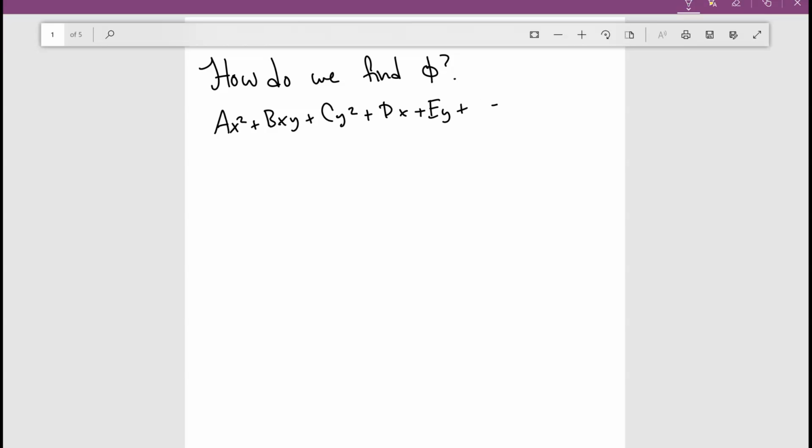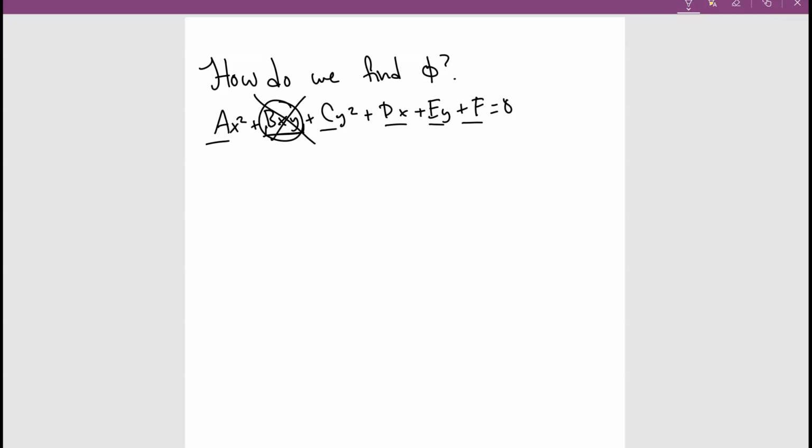What we found was that this xy term is basically the rotation of the axes, and what we want to get rid of is this thing, because it's giving us a hard time. If it was gone, then I could easily identify what conic this is, given some angle phi. Now we want to figure out what this angle phi is. So we want to first get rid of this bxy.